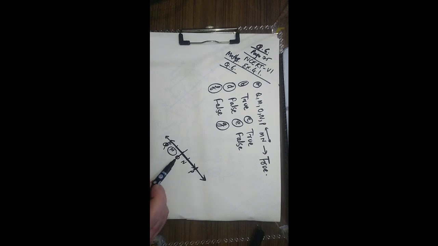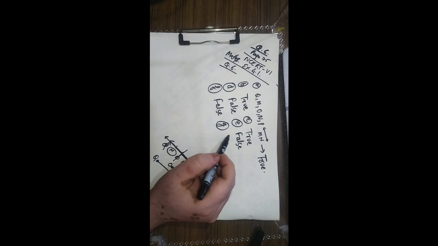Ray OP is different from ray OQ. Yes, they have different origin points. Although they are collinear, they have different origin points. So ray OP is different from ray OQ. True.